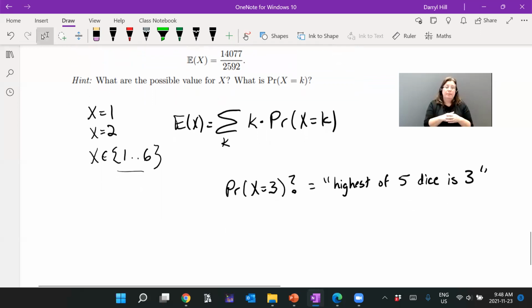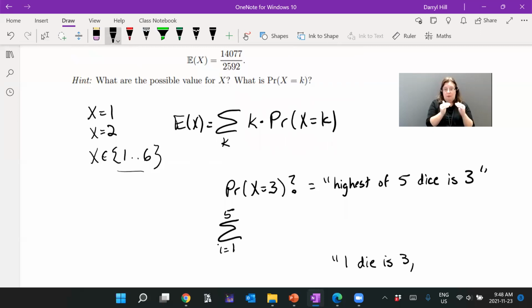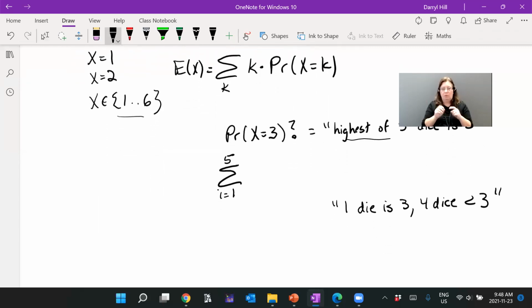Well, we know the highest is 3, so at least one of them must be 3, right? So we would say that, let's take i equal to 1 up to 5. Then we will have the event. We can break this down into a bunch of sub-events. That is, 1 die is 3, 4 dice are less than 3. So that's one of the ways that this can happen.